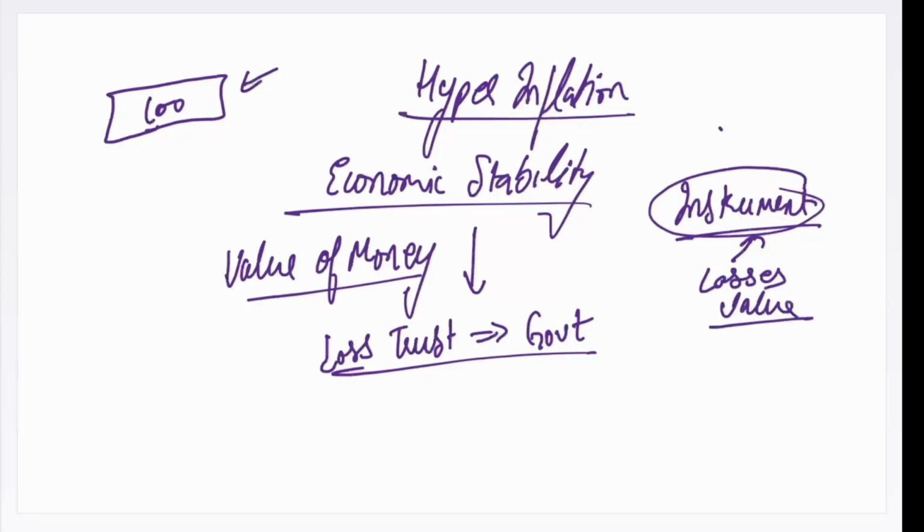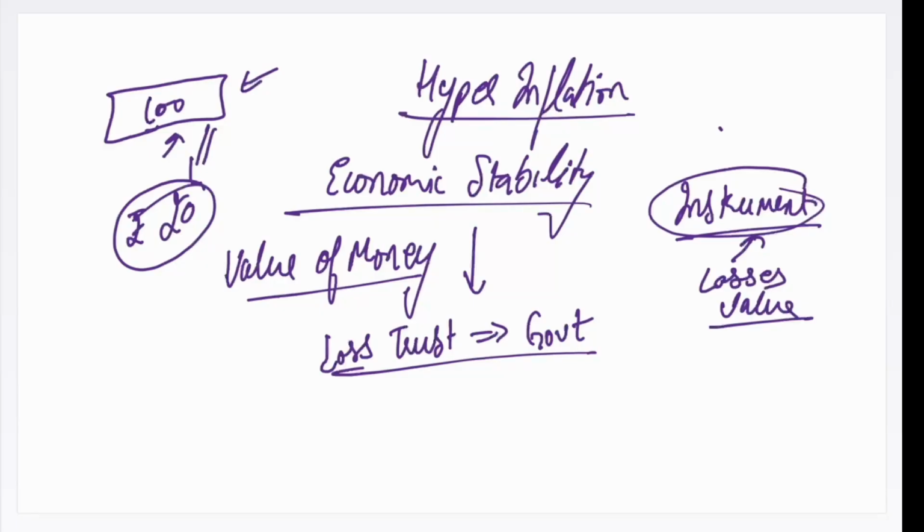Suppose the country or the government does not possess the potential to give goods worth 100, the value will go down. Suppose they say, oh, we'll be able to give you goods worth only 20. So suddenly this 100 would be equal to 20 rupees, right? Because they're able to give you goods worth 20.